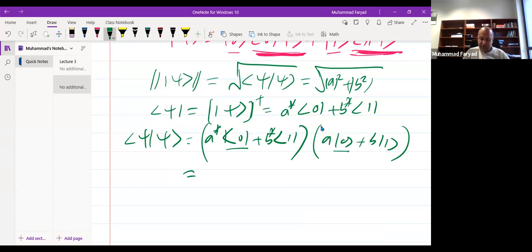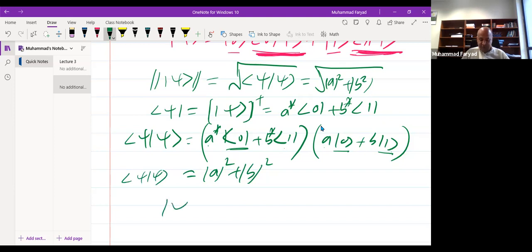So I'm left with A star times A, which is A mod square. The inner product of 0 with 1 gives me 0 because they are orthogonal, so the cross term goes away. Similarly, 1 with 0 is 0, and 1 with 1 is 1, and I'm left with B mod square. And we can find the magnitude by taking its square root.